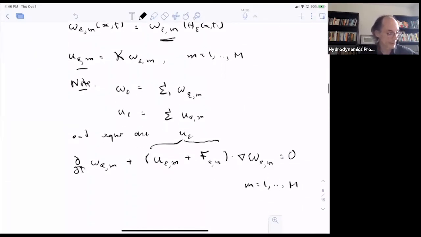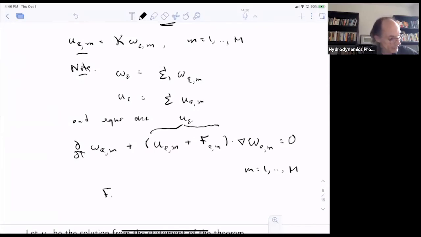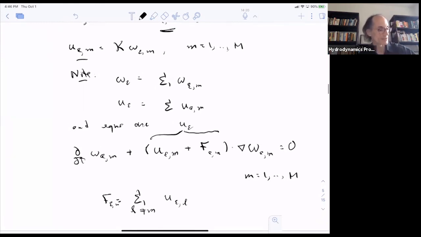And so I define f epsilon to be the sum over L of f epsilon m of u epsilon L. Okay, and so what this says is that I haven't done anything at all fancy.